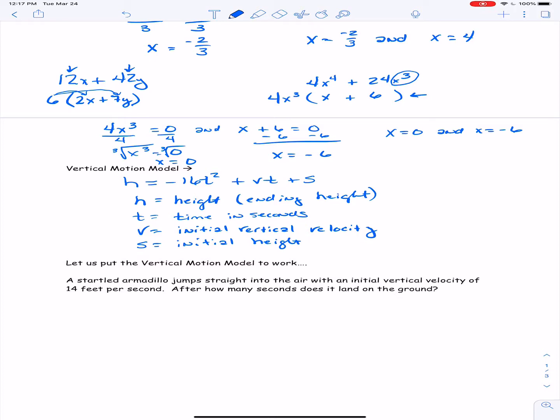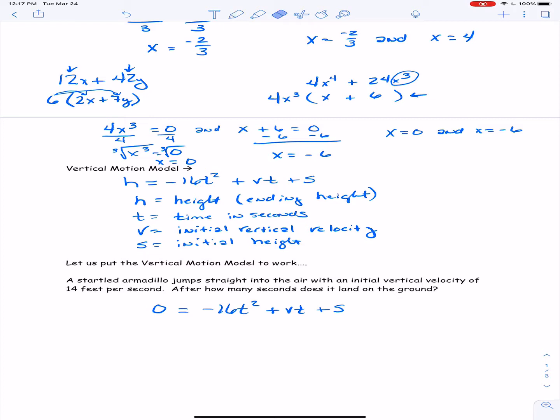So what we're going to do is put in some numbers that we know. Well, let's start off with h equals negative 16t squared plus vt plus s. So let's fill in everything we know. Well, we want to find out when it's going to land back on the ground. So our final height, or ending height, is going to be 0. We don't know the time because that's what we're going to solve for.